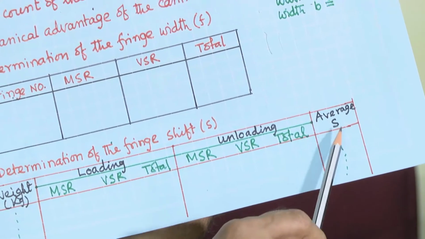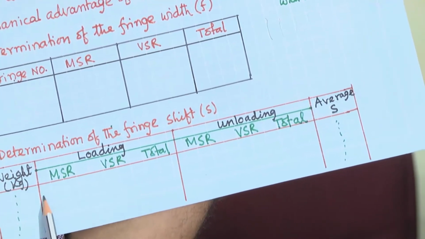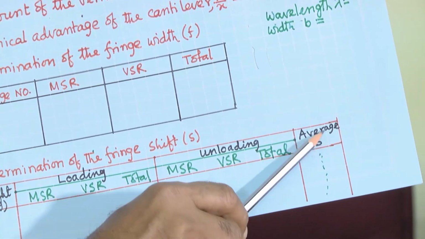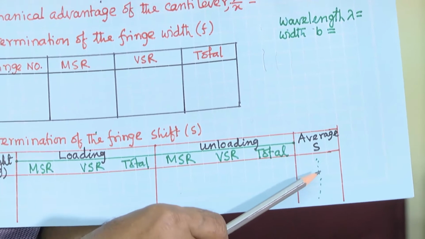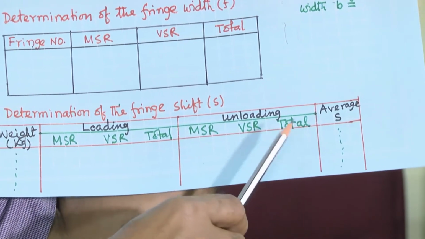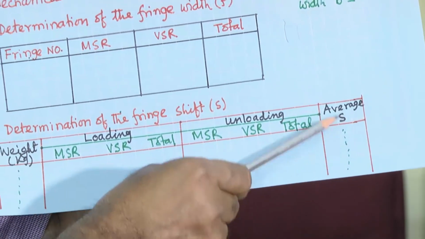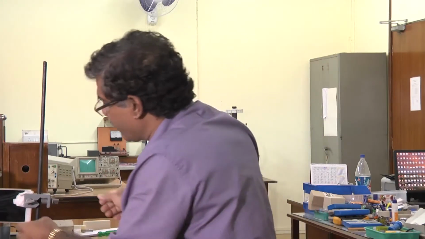Then you can take the average of loading and unloading for the corresponding weight. So, you get the fringe shift S from this reading itself. I will show you how we do that.